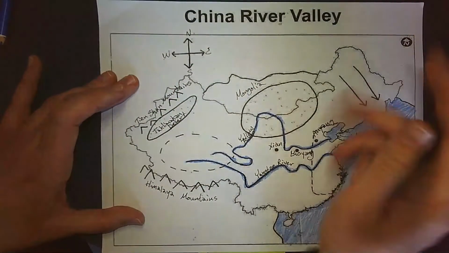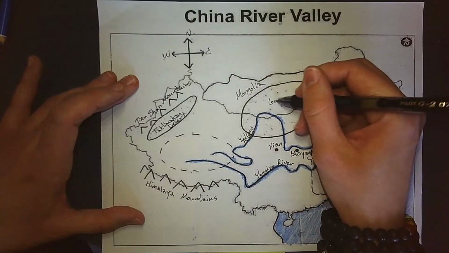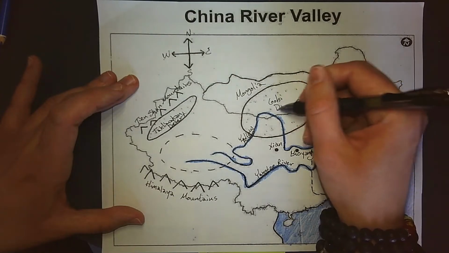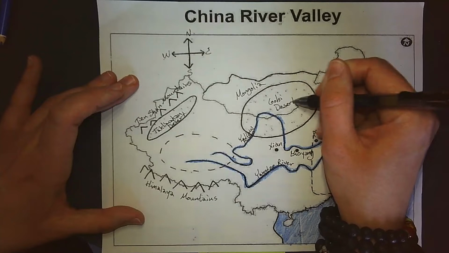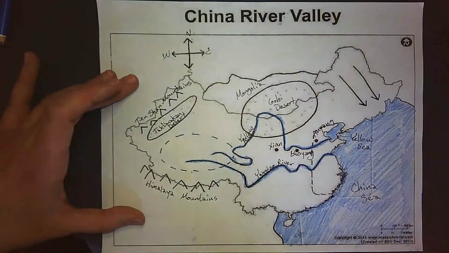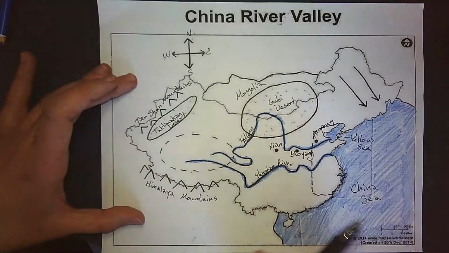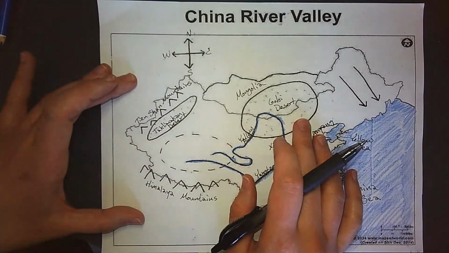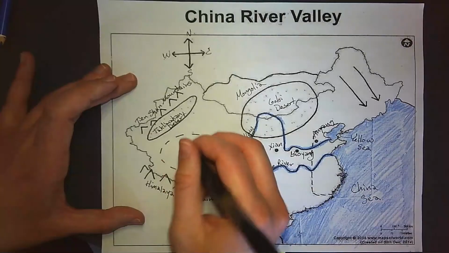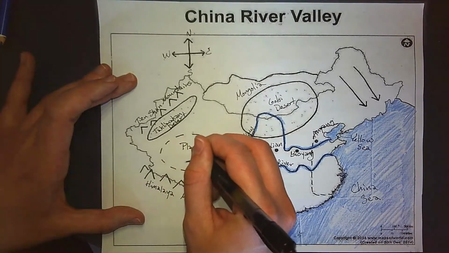And then we have the Gobi Desert, which is important in that people would have to traverse this desert to get to a lot of the important trade routes when going across the Silk Road. We have a plateau that we're going to label, the Plateau of Tibet.